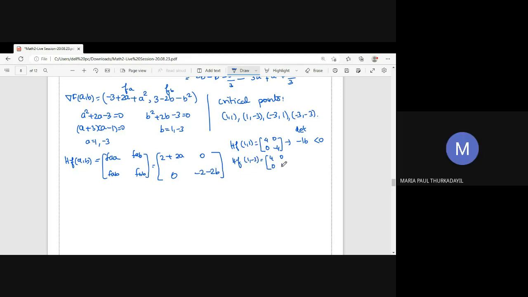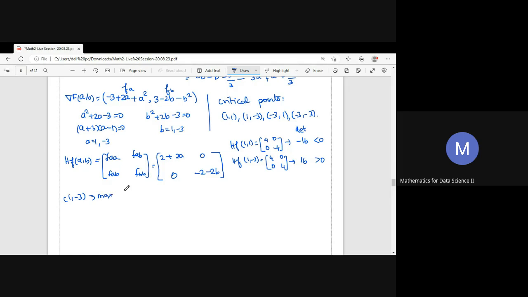The determinant is 16, which is positive.